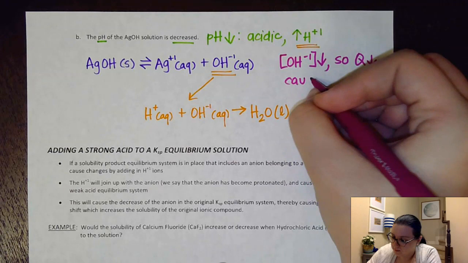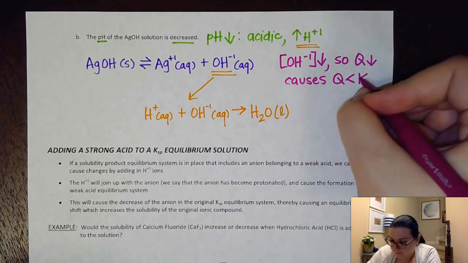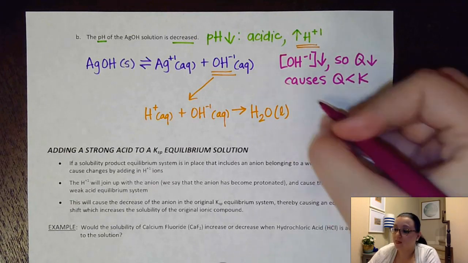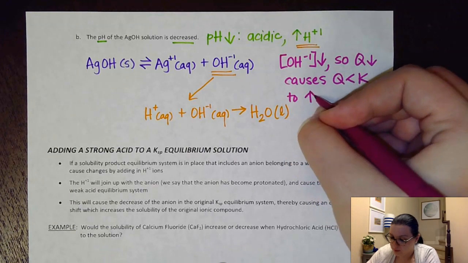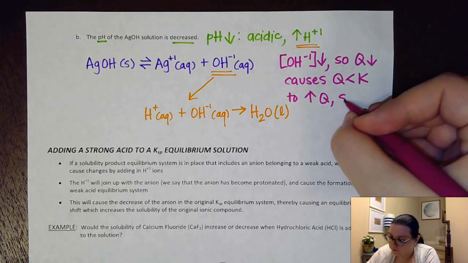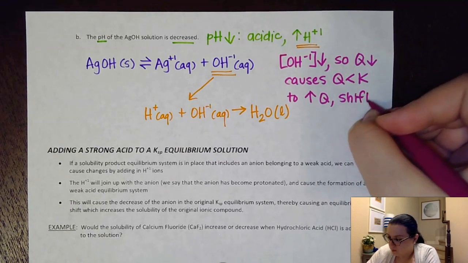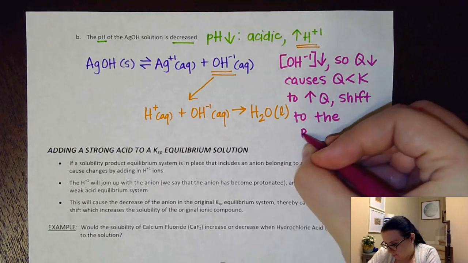This causes Q to be less than K. So we need to figure out some way to increase Q, and to increase Q, we would want to shift to the products.